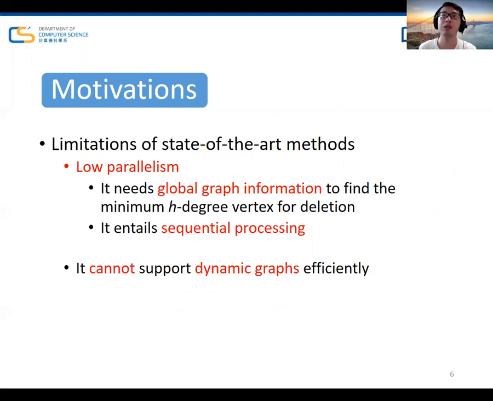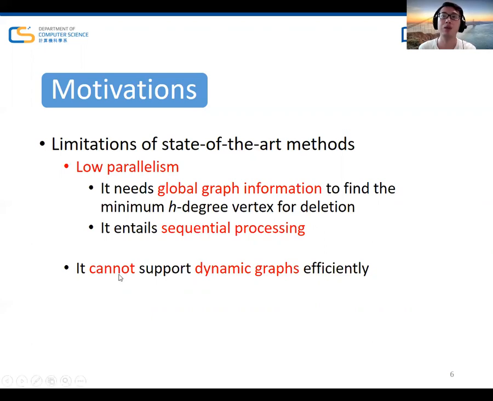First, the peeling-based algorithms have low parallelism. It is due to two reasons. First, they need global graph information to find the minimum h-degree vertex for deletion. Second, they work in a sequential manner. That is, the vertices are processed from low h-degree to high h-degree one after another.